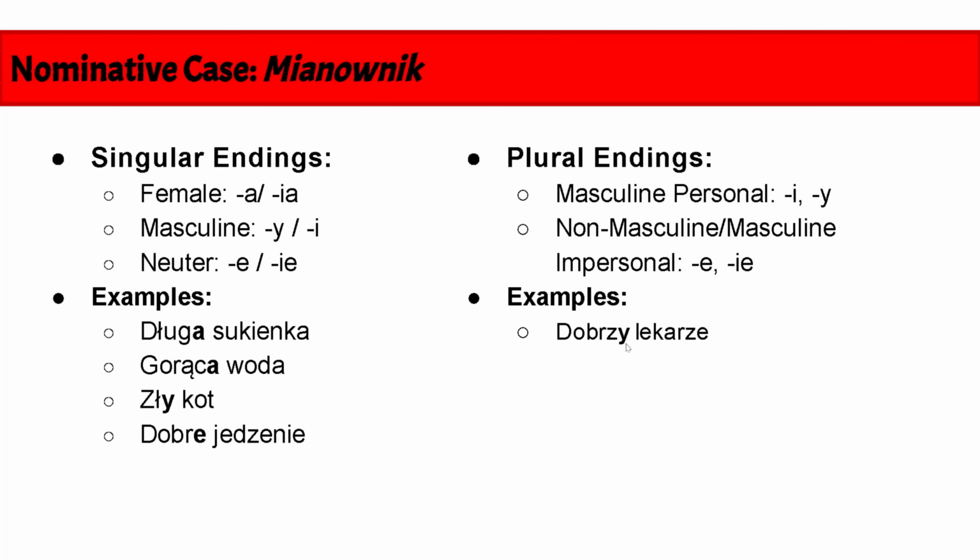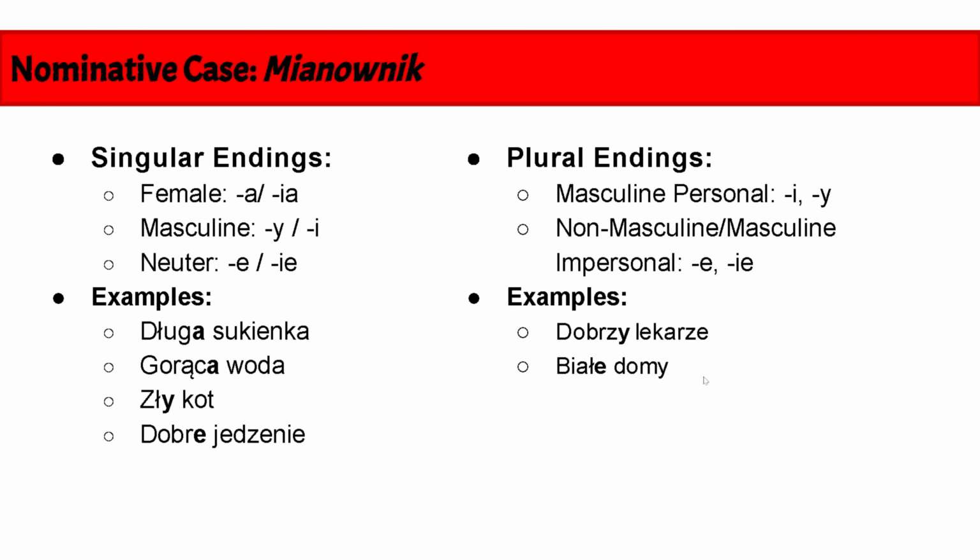Now, why did we change it to the rz? Because it is a masculine personal noun. A doctor is a human being, right? So it cannot be anything except a personal noun, because a doctor is personal to us. That's how I like to think about it. But we have dobrzy lekarze, good doctors, and dobry turns into dobrzy. Again, ending in y.